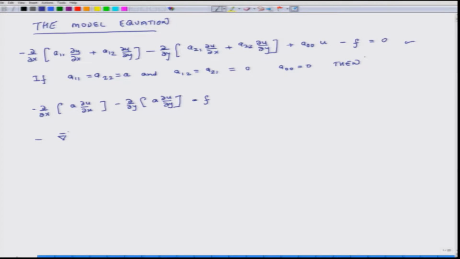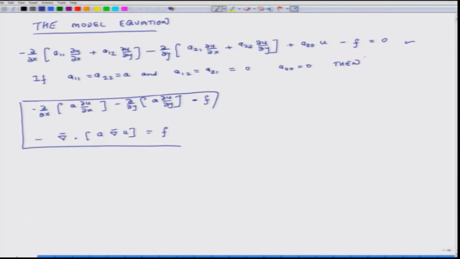So, this is my operator, the divergence operator, times a times the gradient of u equals f. This form or this form is known as Poisson's equation.